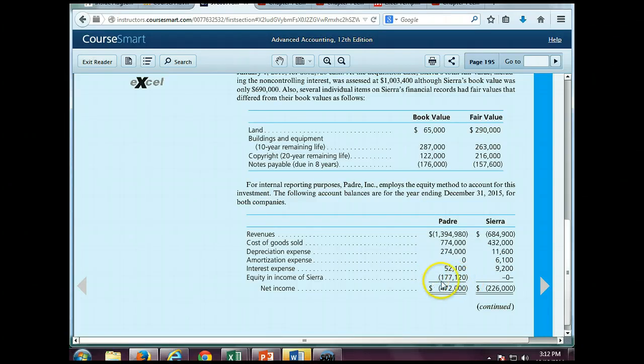But we don't want this equity in Sierra anymore. So we need to get rid of this 177,120, remember? So if we take the 472 and subtract from it 177,120, what do we get?